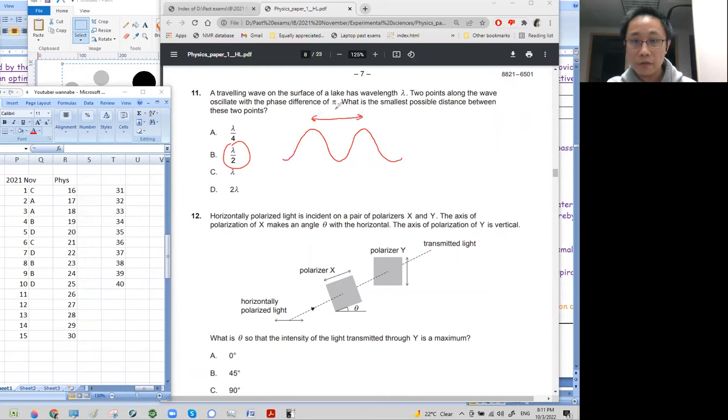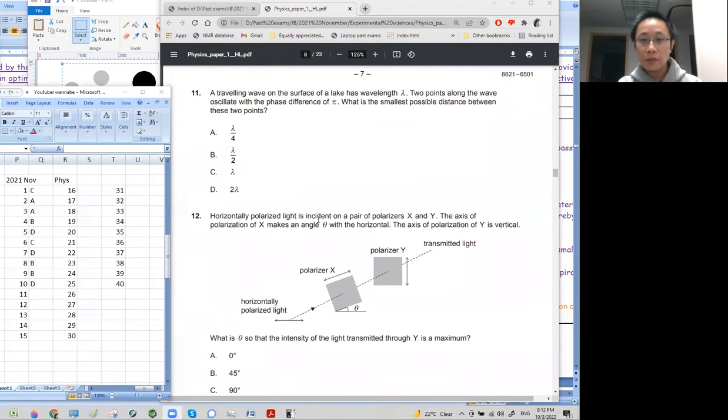So a wavelength of lambda corresponds to a phase difference of 2 pi, and the phase difference and number of wavelengths are directly proportional to each other. So this would be a phase difference of pi and also lambda over 2.